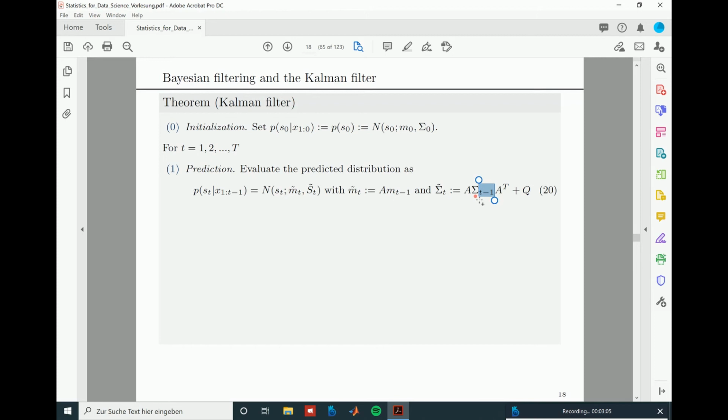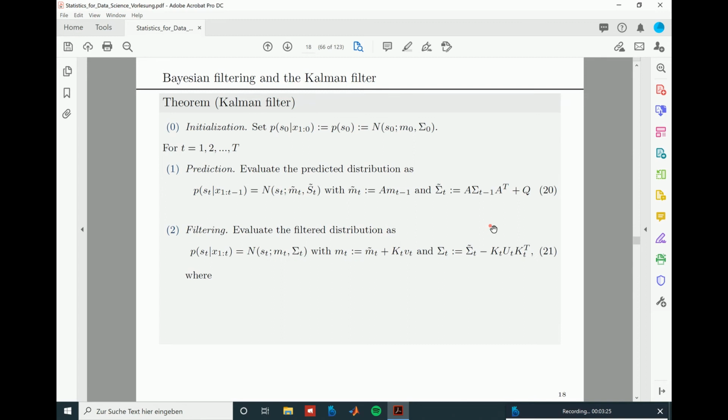The predicted matrix, the filtered matrix, sorry, these are the filtered ones, don't let me confuse you, we will see them in a second. This is the filtered expectation, this is the filtered covariance, and you apply to this the transition matrix, and you add to it, in a square setting, the covariance matrix.